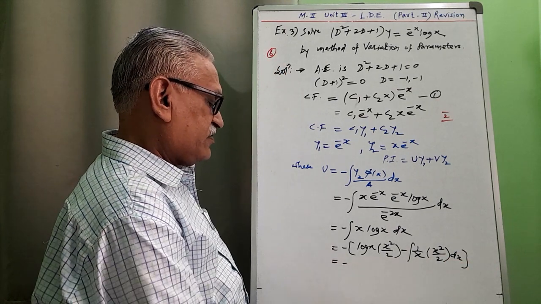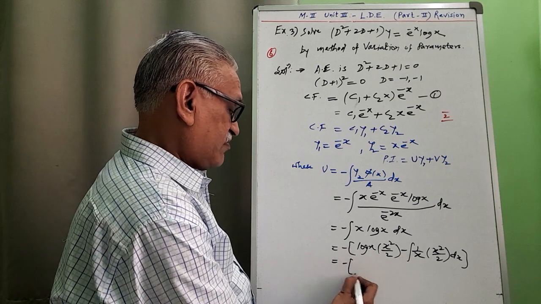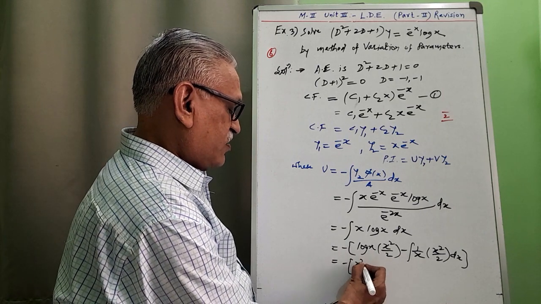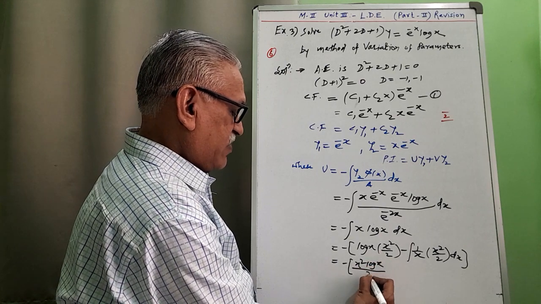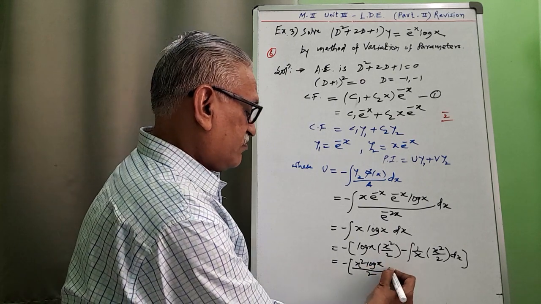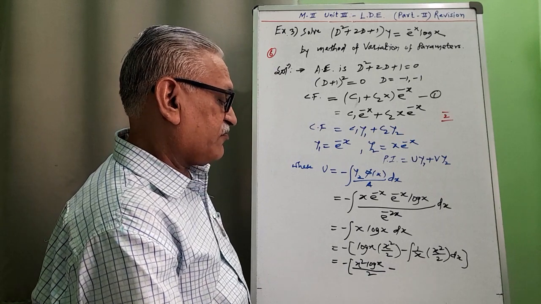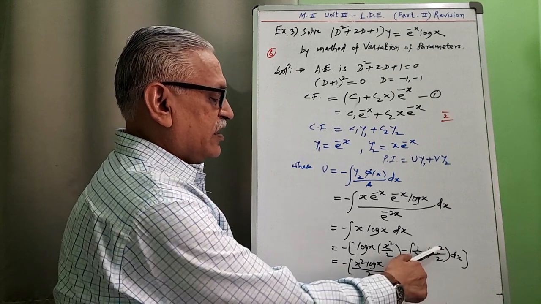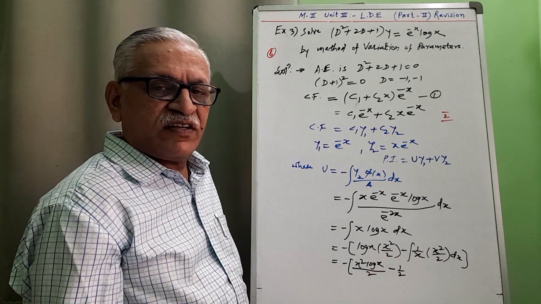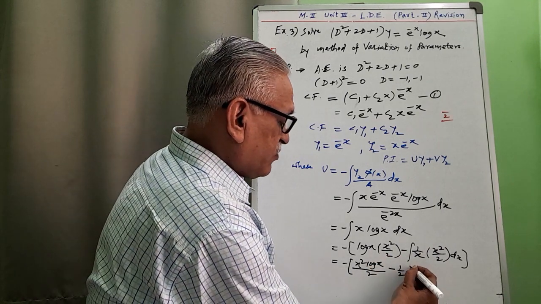it becomes minus x square log x by 2, minus 1 by 2, x square divided by x, remaining is x, integration of x is x square by 2.